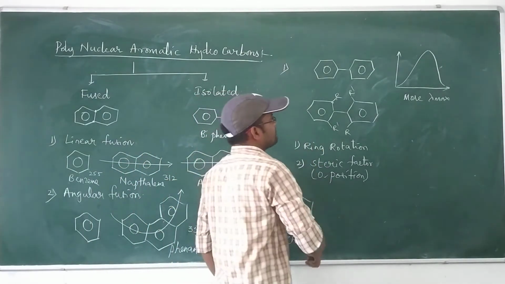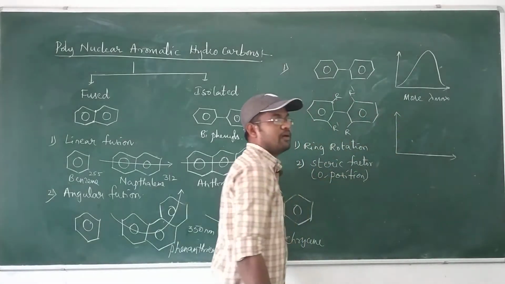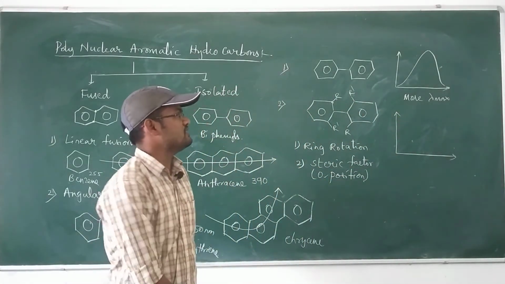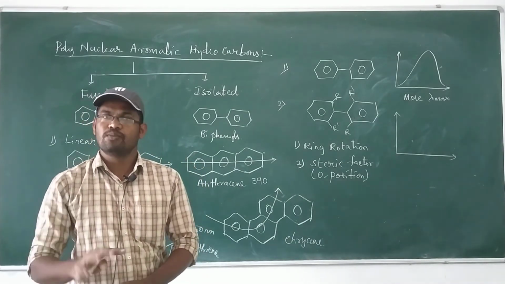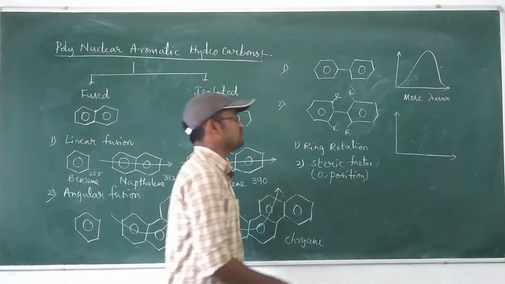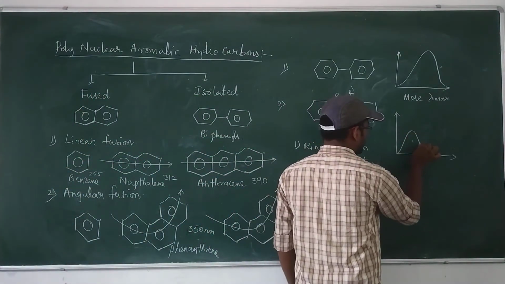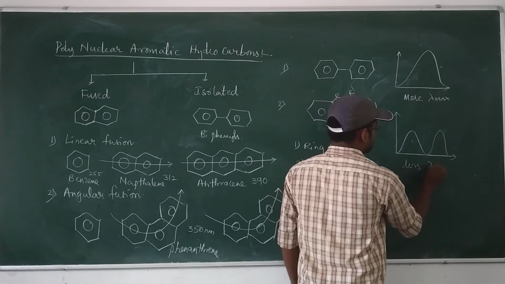In the second case, due to ring rotation and the perpendicular relation, the two rings work as individual chromophores. So they give two individual shorter bands with lower lambda max values.